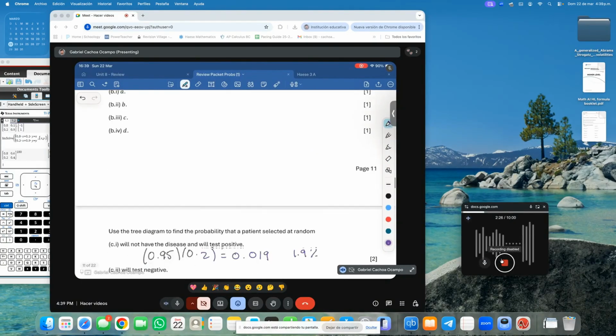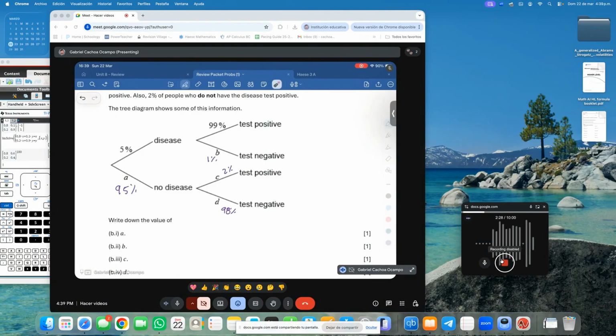What is the probability that I will test negative? Then I need to go through two branches. One branch is having the disease and testing negative, and the other is not having the disease and testing negative.